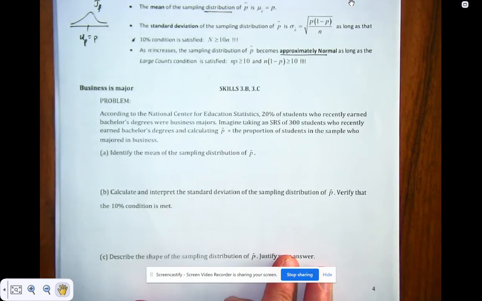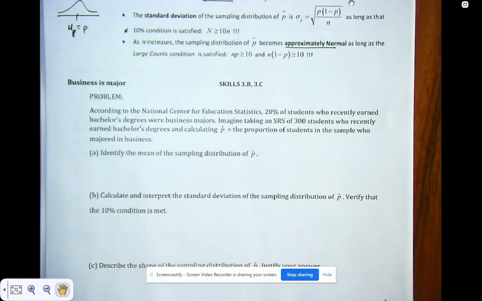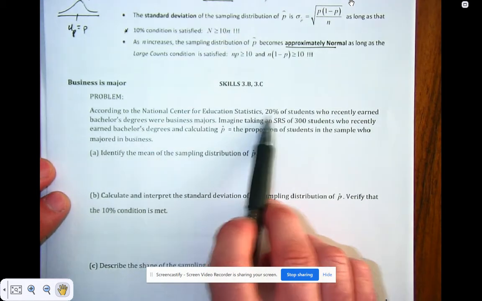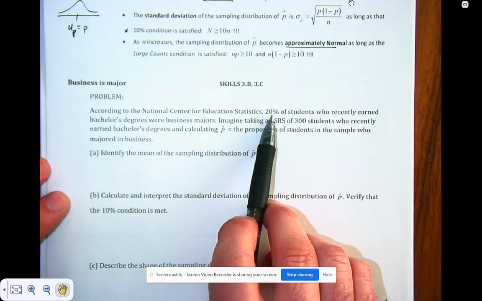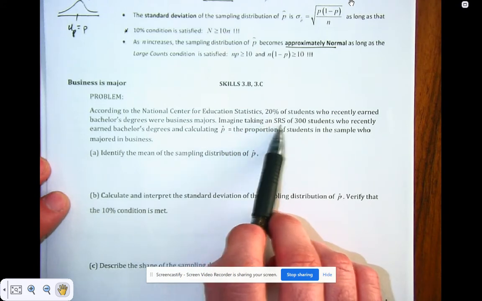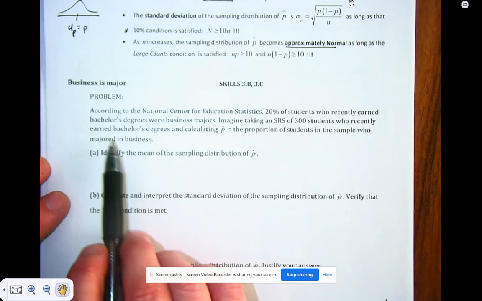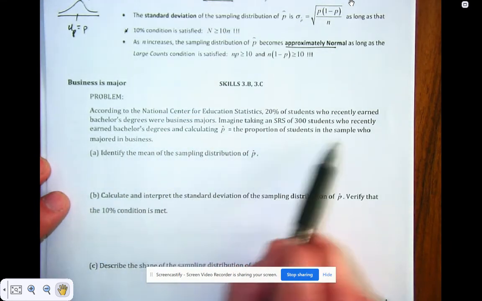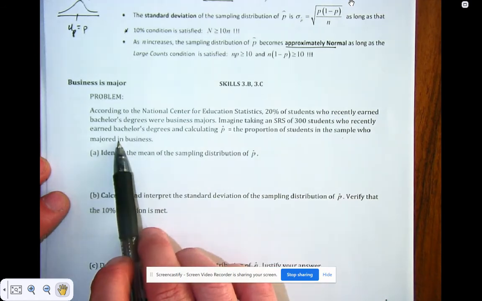So you've got the National Center for Educational Statistics: 20% of students who recently earned a bachelor's degree were business majors. So they told us the actual population proportion. Imagine taking a simple random sample of 300 students who recently earned a bachelor's degree and calculating p hat, which is the proportion of students in the sample who majored in business.